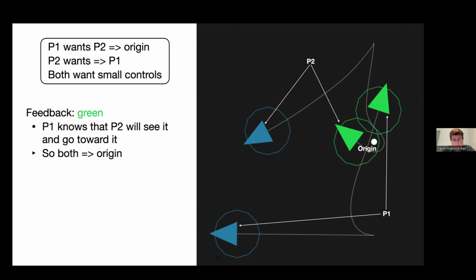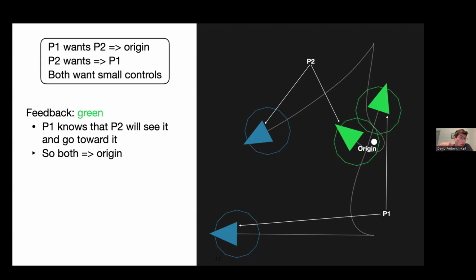So it turns out feedback is green. What happens here is that player one, the guy starting on the bottom, knows that player two is going to see him in the future. And he also knows that player two is going to want to get close to him. So the rational thing to do for player one is to basically go towards the origin. That's going to attract player two to the origin as well.